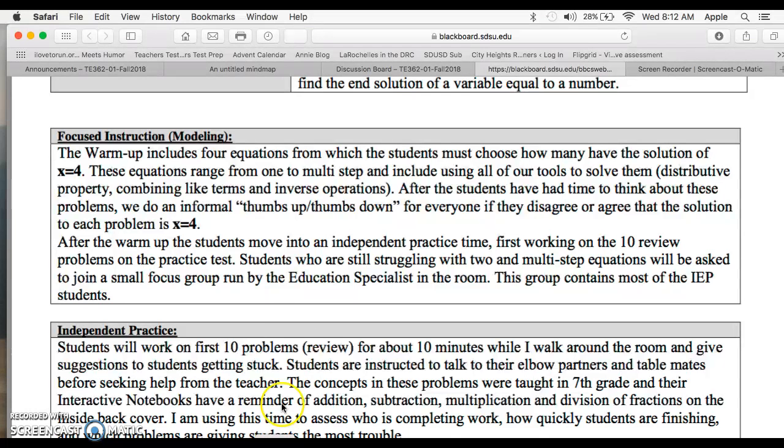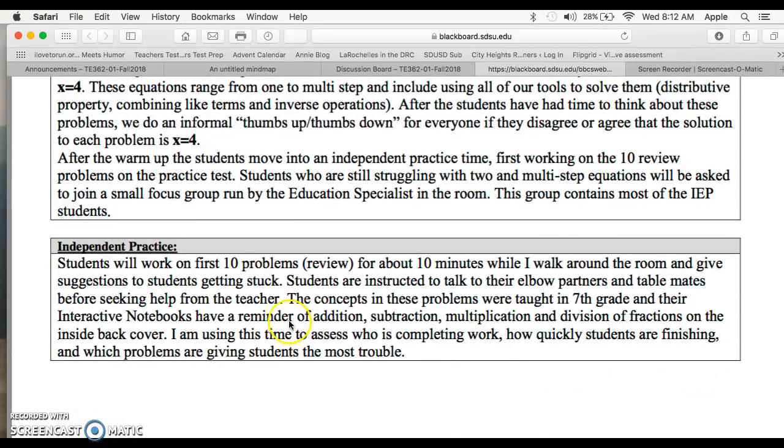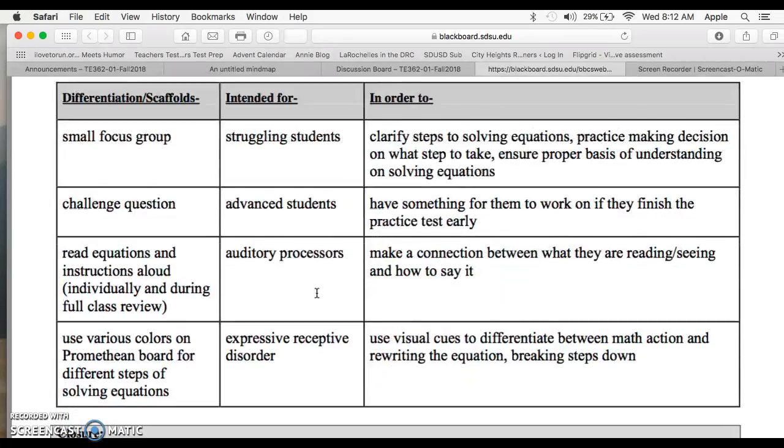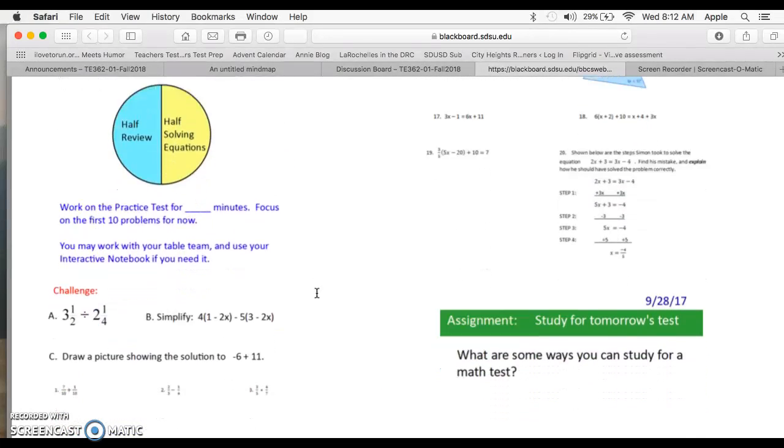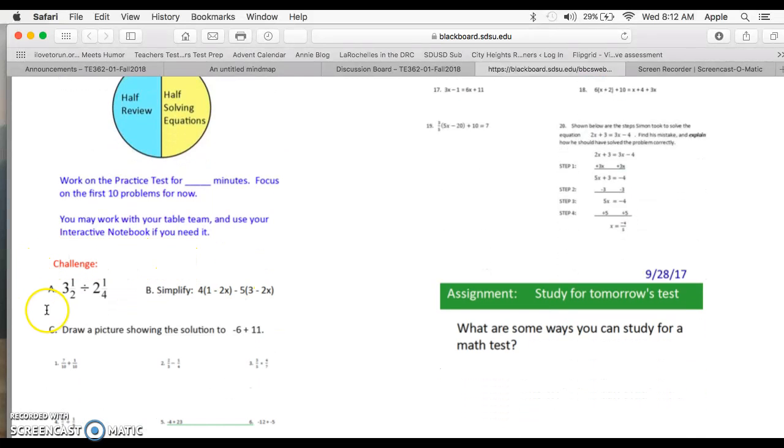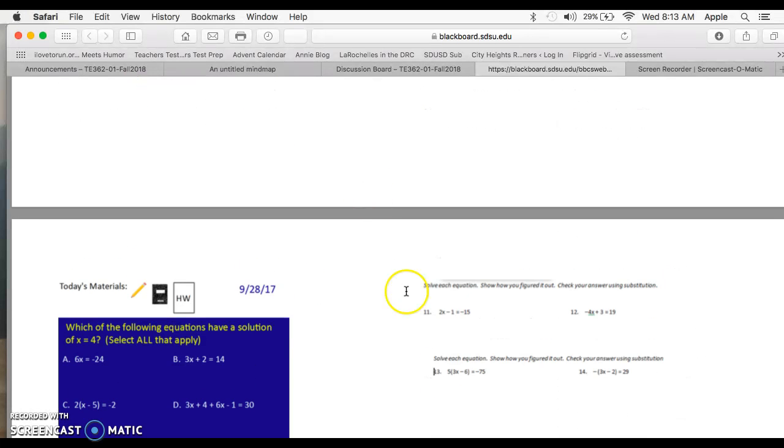So in this lesson, the teacher has them work on 10 problems first, and they're encouraged to first seek help from their peers before asking the teacher. On their first 10 problems, there are also challenge problems right here, if you can see this, for gifted students to do after they're done with their work.